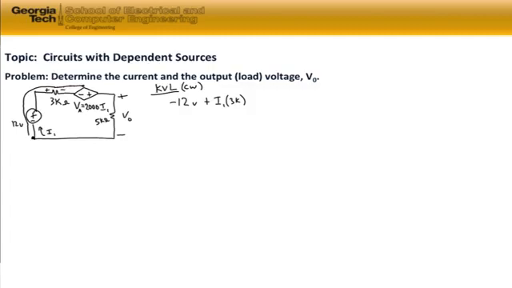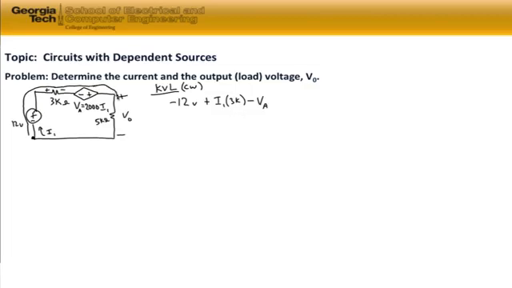So we continue going around and we run into the dependent source. And for the dependent source, we have a negative voltage associated with that since we hit the negative polarity of the voltage source first. So it's minus V sub A. And we continue around.